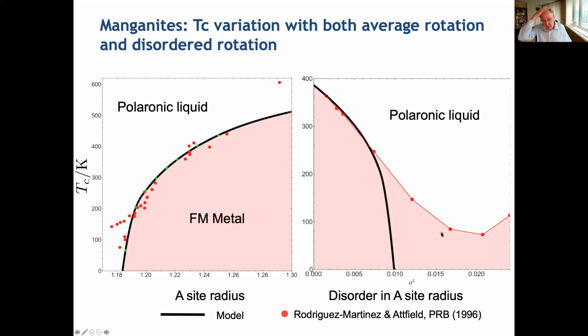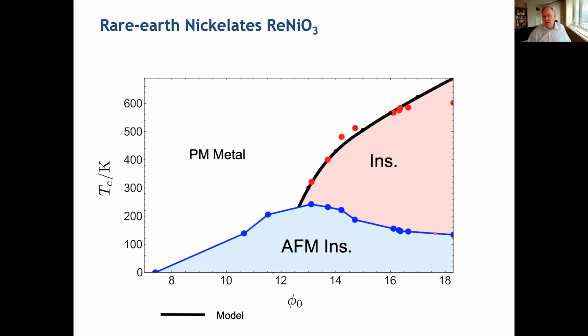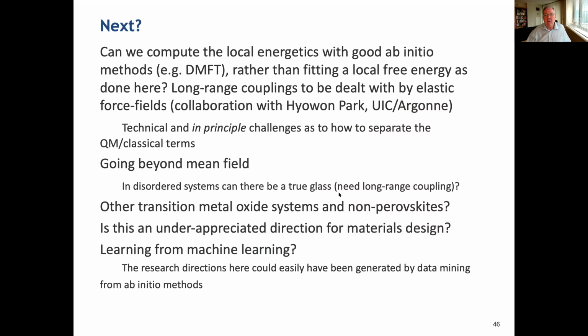That's not captured by the kind of theory that we did. We have, if you like, a replica symmetric theory. To get true glasses, one needs a long-range coupling. But we indeed have that, and so it's interesting to know whether it's going.